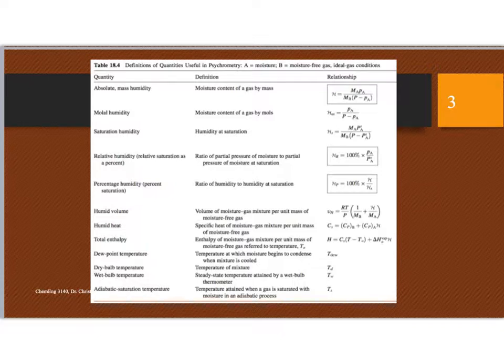We have absolute mass humidity, mole humidity, saturated humidity, relative humidity, percentage humidity, humid volume, humid heat, total enthalpy, dew point temperature, dry bulb temperature, wet bulb temperature, and adiabatic saturation temperature. The definitions are listed here, and the mathematical relationship for each one is listed here.